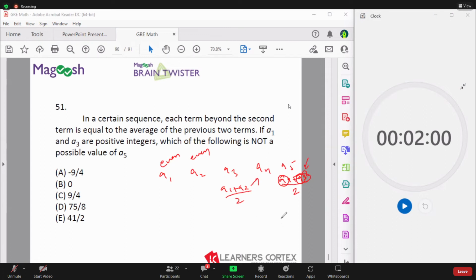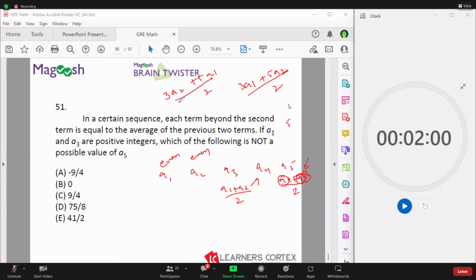So we'll get it as (5A1 plus 3A2) by 2 or (3A1 plus 5A2) by 2. Irrespective of which one it is, it does not necessarily matter.